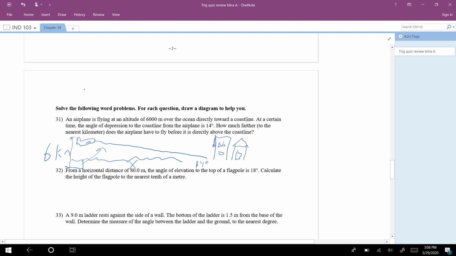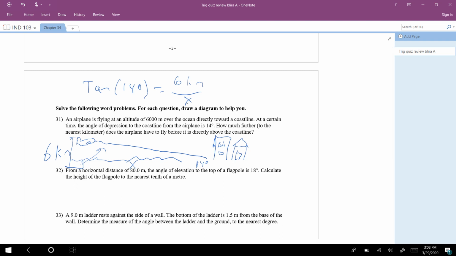So let's set it up. Tangent of 14 degrees is equal to our opposite, 6 kilometers, over x. All right. Well, that's our setup. So how are we going to do it?